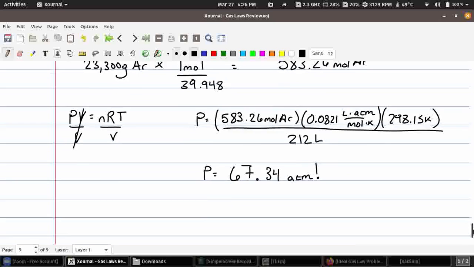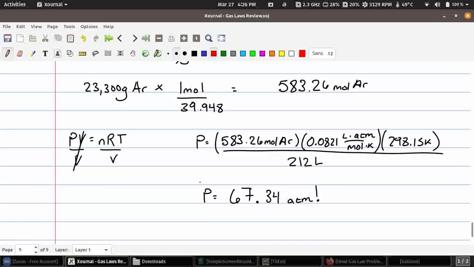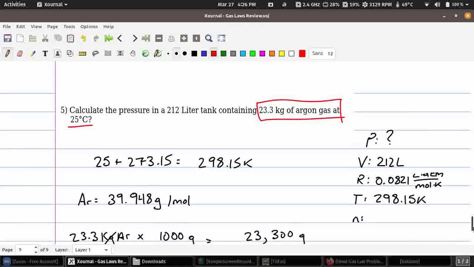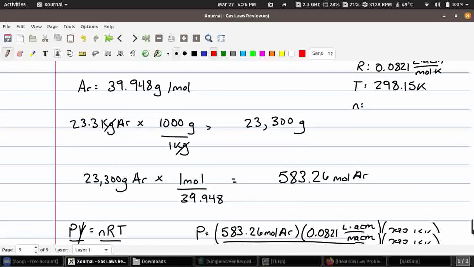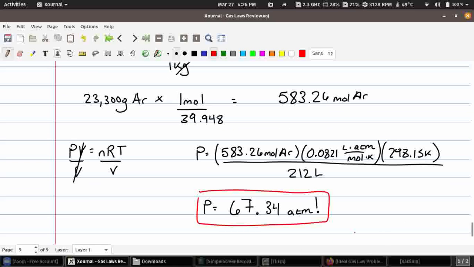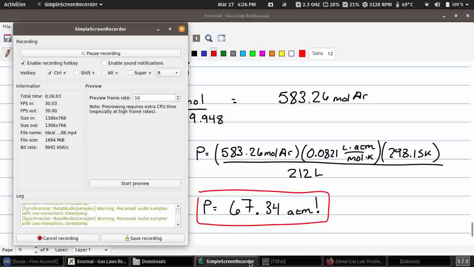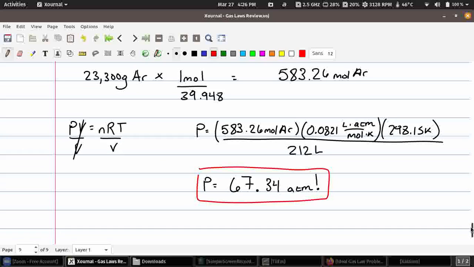So that's quite a bit. That's like having 67 atmospheres on top of you. All right, so that's pretty much it for this video in terms of ideal gas law.